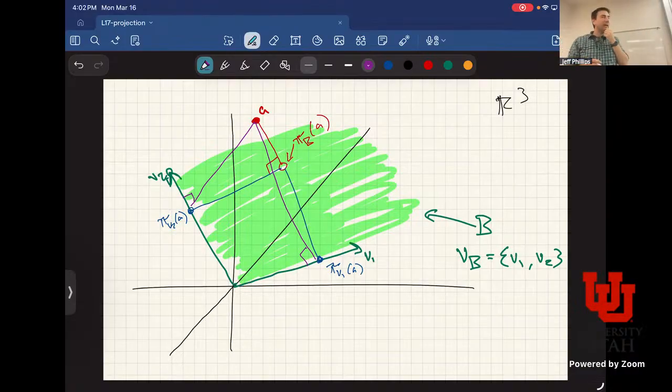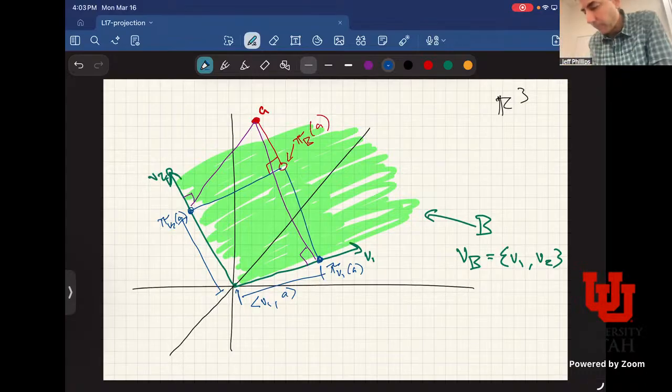Okay, I can also think of them. Okay, so what's useful though is I can also think of these as, I can measure this length here. This length is V1A, and this length here, this will be V2A, right? These are the lengths of these two along these subspaces V1 and V2.